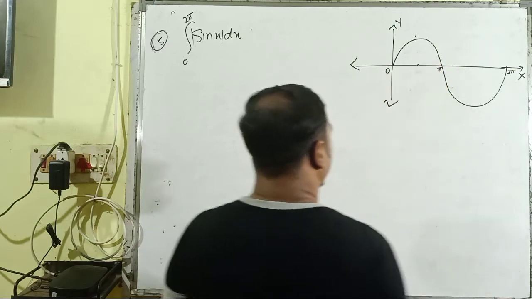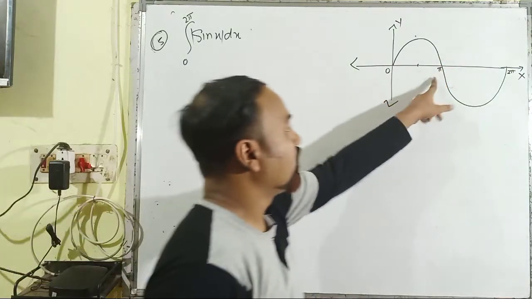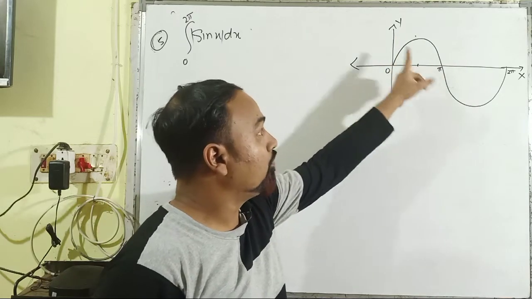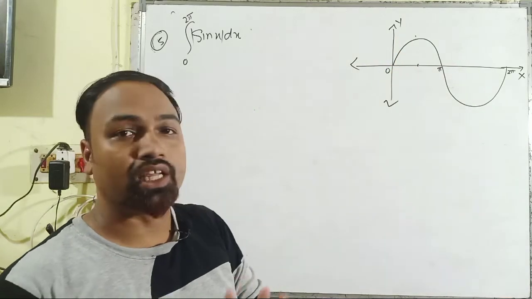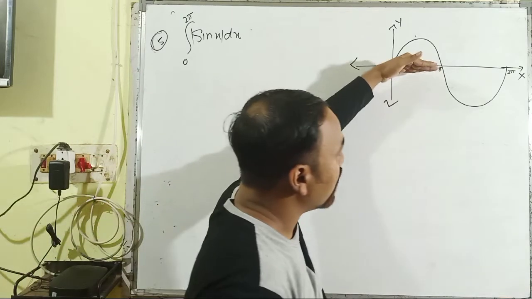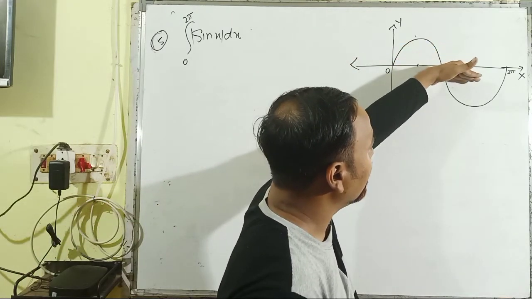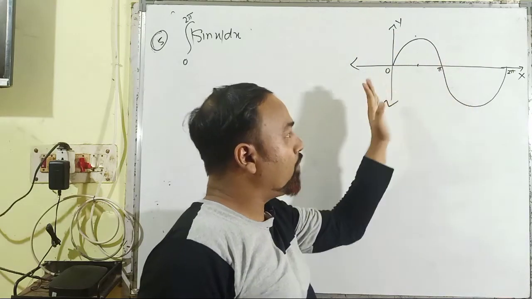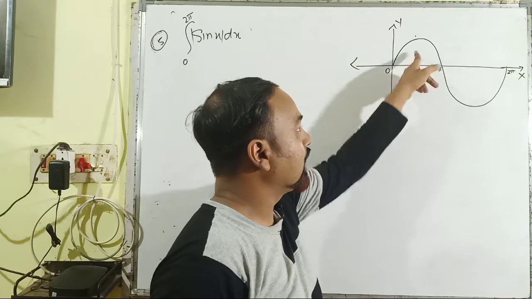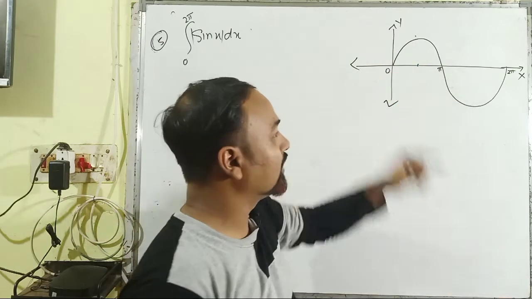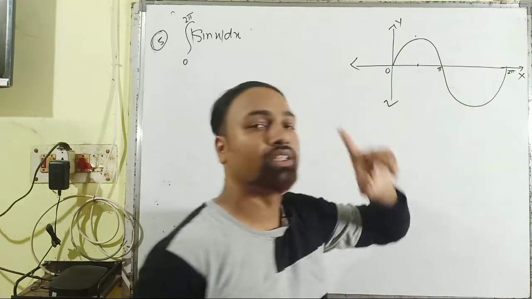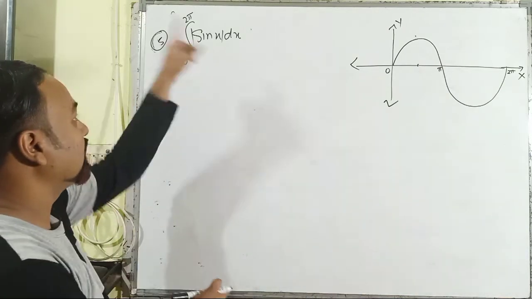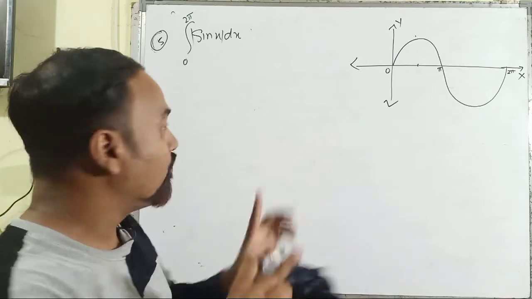We don't need pi by 2 here, we just need the pi term, because you can see that at the point pi, the behavior of the sin x function is getting changed. After crossing the point pi from left to right, sin x gets negative. Before pi, in between 0 and pi, sin x is positive because it lies above the x-axis, and from pi to 2 pi it lies below the x-axis. That means at the point pi, we have to separate this function in two factors.